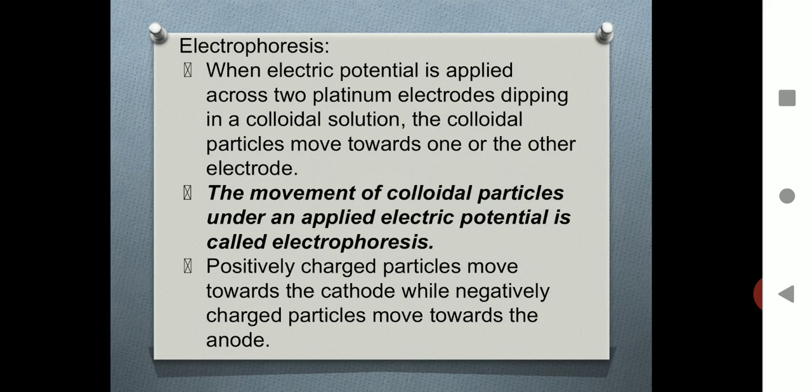If they are positively charged particles, they will migrate towards the negative electrode, and if they are negatively charged particles, they will migrate towards the positive electrode. And this movement of colloidal particles under the influence of an applied electric potential is known as electrophoresis.